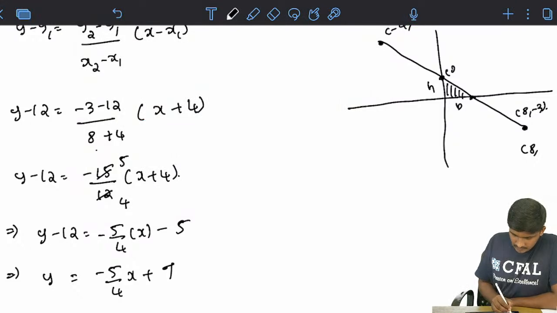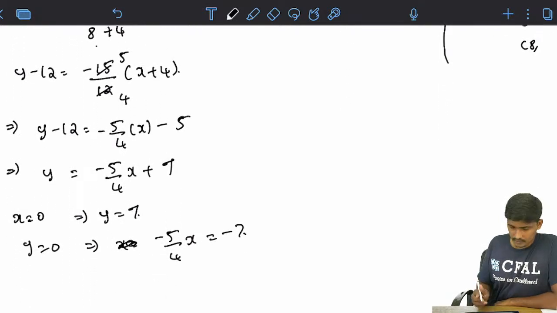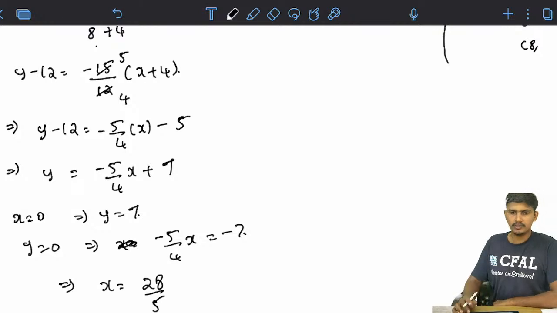Put x equal to 0, you will get the value of y to be 7. Put y equal to 0, minus 5 by 4 into x will be equal to minus 7, which implies the value of x will be 28 by 5.